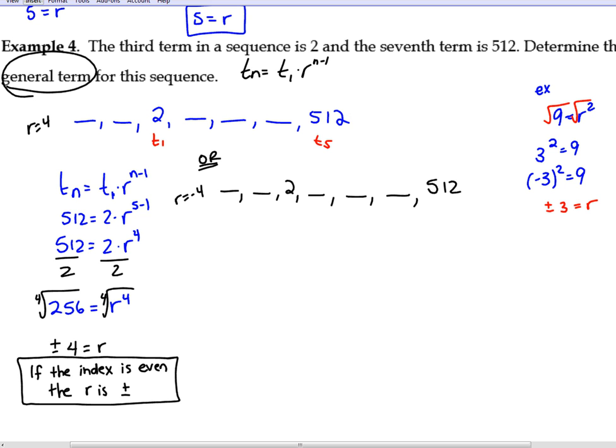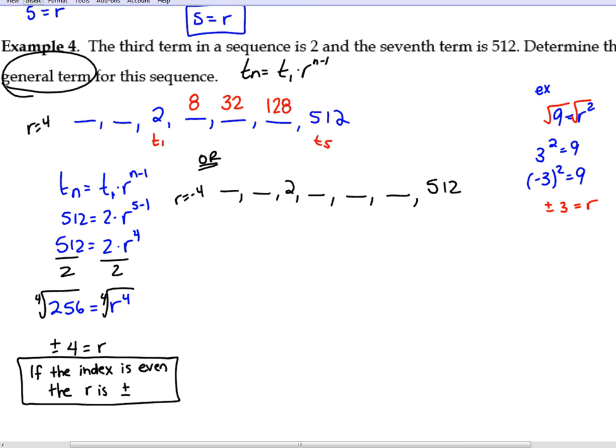Okay, so let's figure out each one. Positive 4, so let's fill in the missing terms. 2 times 4 would give you 8, times 4, 32, times 4, 128. Right? 8 times 4?